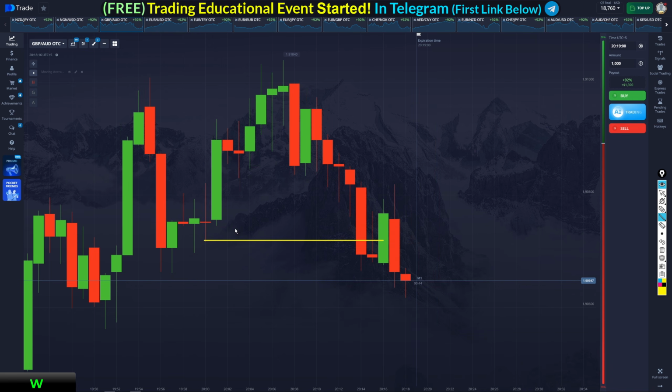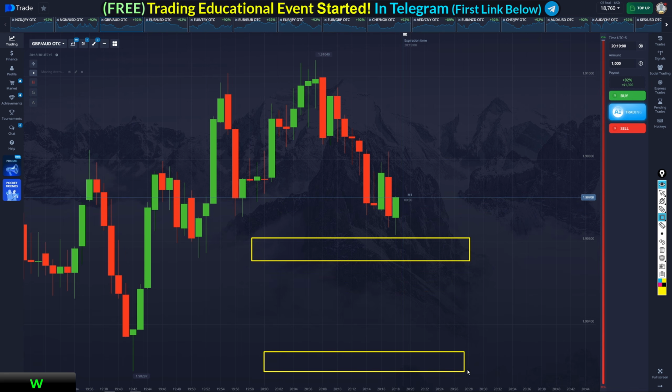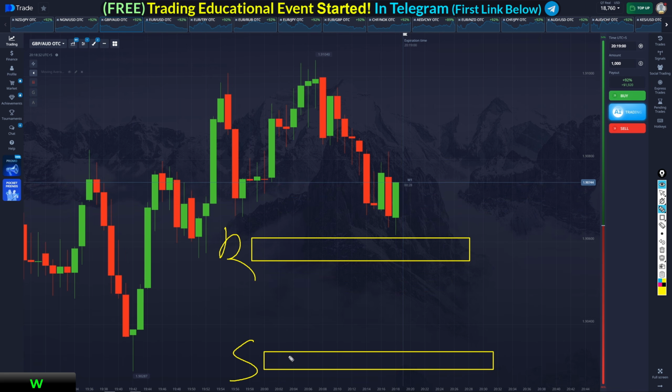So this exhaustion candle is breaking a doji, and the next candle gives us an inverted hammer. So in the points of interest, resistance or support, if we see an inverted hammer like this, it's a sign of reversal.